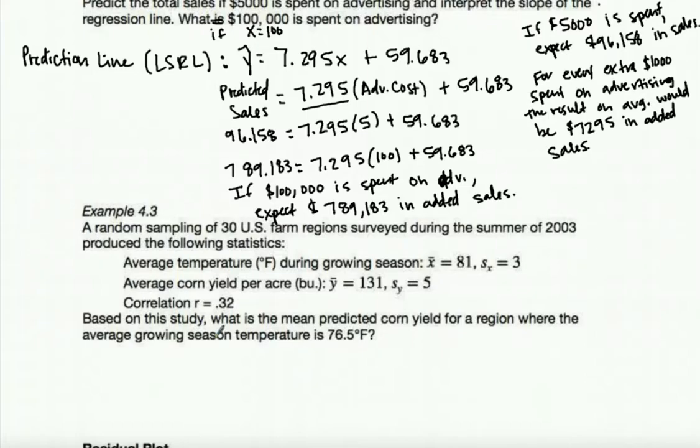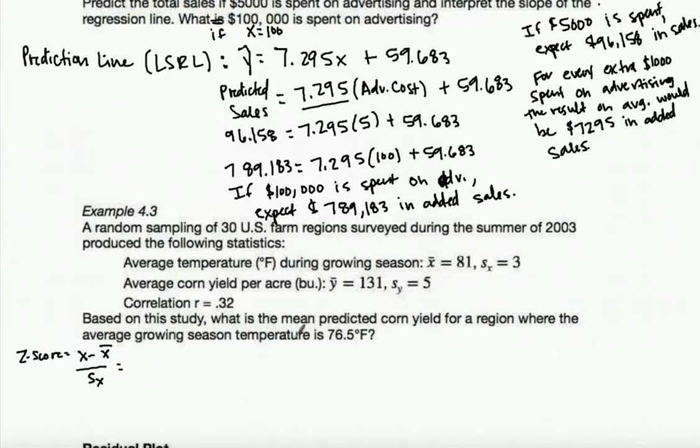Maybe the easiest way to deal with this, because we don't have a whole lot of information, is to get a z-score for this particular temperature. Remember, our z-score is equal to our x minus our x bar over our standard deviation. Our x's are the average temperatures and our y's are the corn yield.